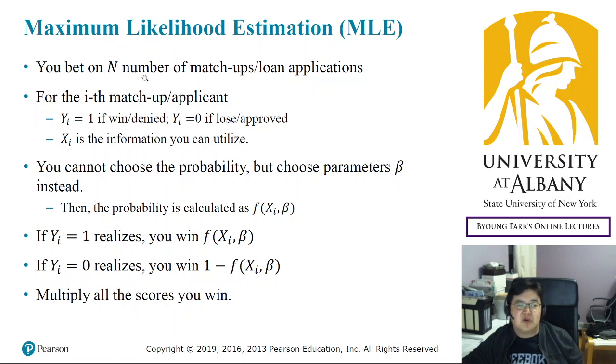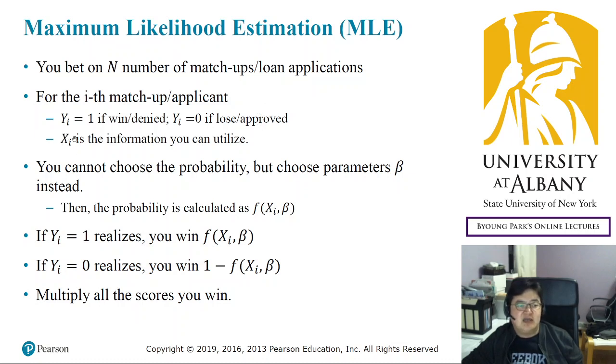And so, in summary, the maximum likelihood estimation can be understood as you are betting on n matchups or applications, mortgage applications. They have the same structure. And for the ith matchup, like the ith individual, y equals 1 if the team wins or the application is denied, and 0 if the team loses or the loan application is approved.